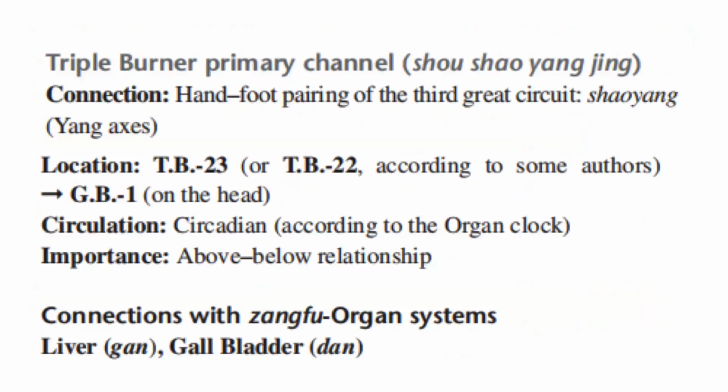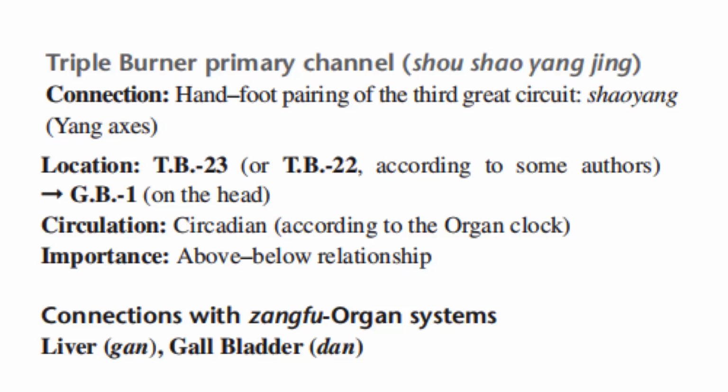Next connection is the triple burner primary channel. This is the connection of the hand-foot pairing of the third great circuit, or the Shaoyang on the yang axis. Its location is on triple burner 23, or 22 according to some authors, to gallbladder 1 on the head.